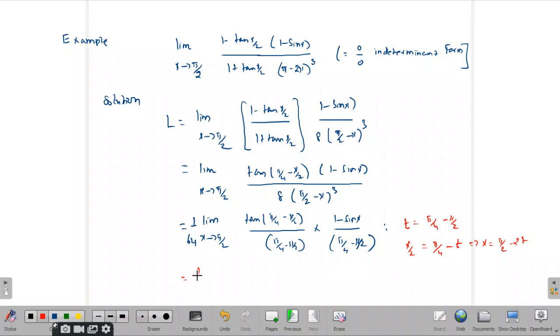What's the new limit? 1 by 64 limit as t approaches 0 of tan t by t into (1 minus sin x), where x is pi by 2 minus 2t, in the denominator t square.